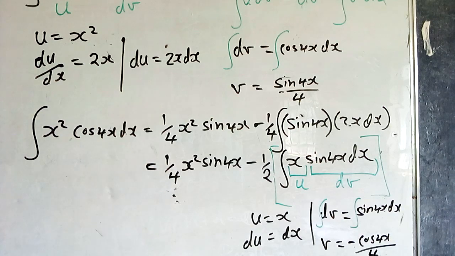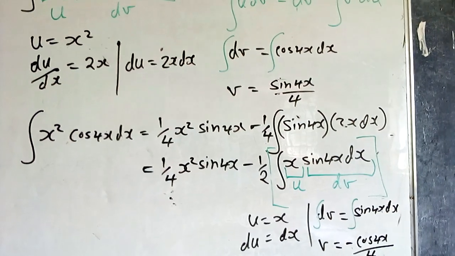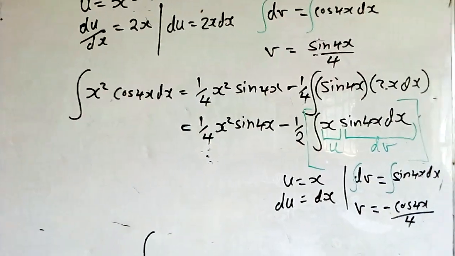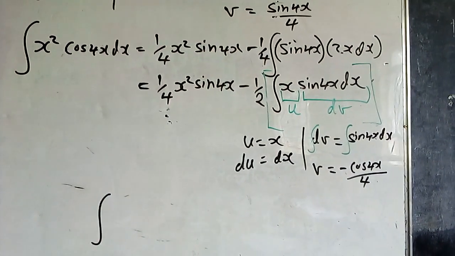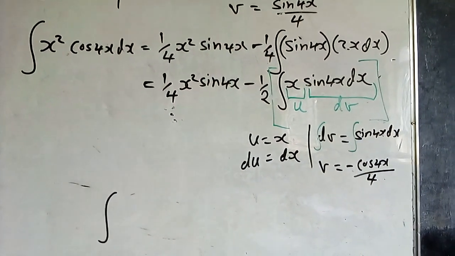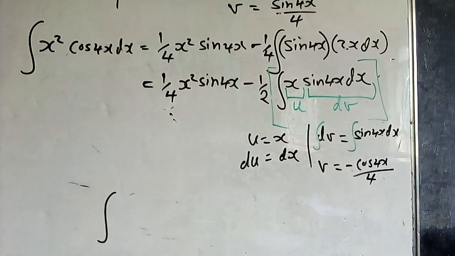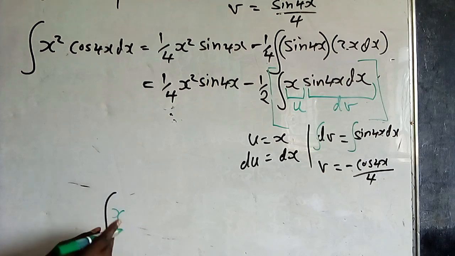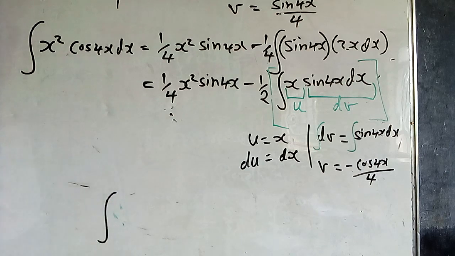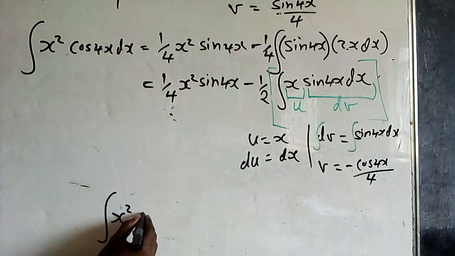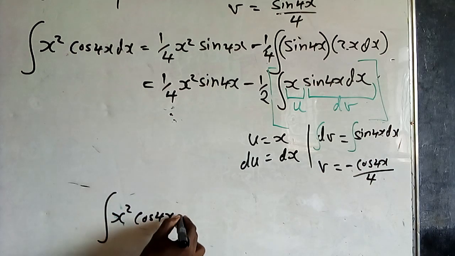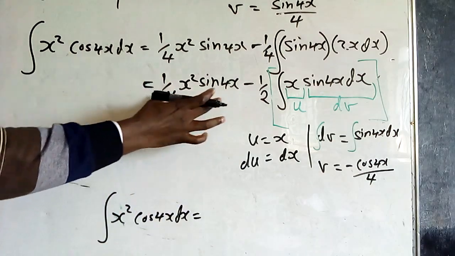So what do we have? We go back and do the substitution. The integral of x squared cos 4x dx is equal to, what did we find it to be?